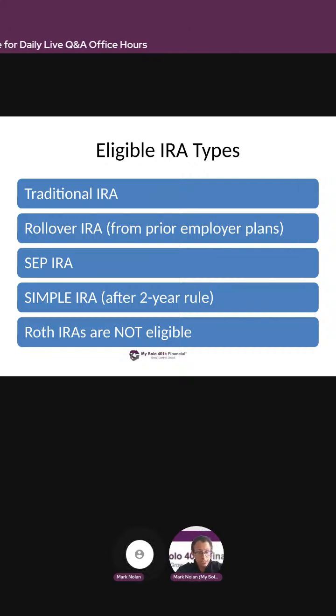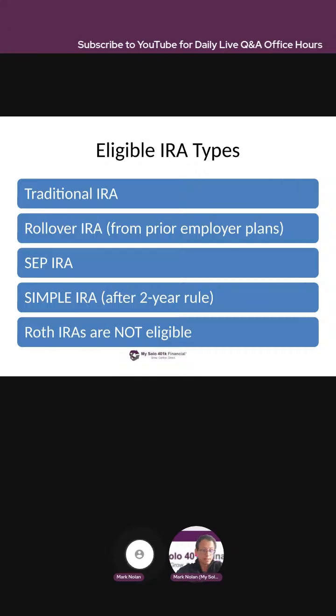Those include traditional IRAs, rollover IRAs, which are IRA funds consisting of funds that were rolled over from a prior employer plan to that IRA, hence why it's called a rollover IRA. It's still technically a traditional IRA, but in the industry, you'll often hear the words rollover IRAs. You can also transfer SEP IRAs. You can also transfer simple IRAs. Typically, you have to wait 2 years before that simple IRA can be transferred, meaning that you have to make sure that you've had that simple IRA for 2 years before it can be transferred.